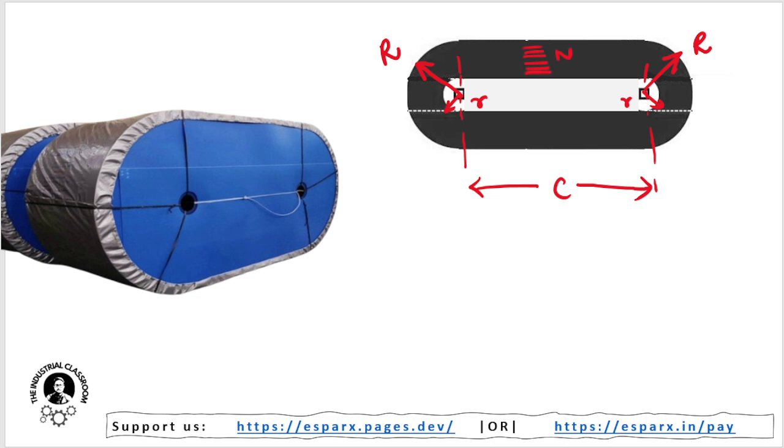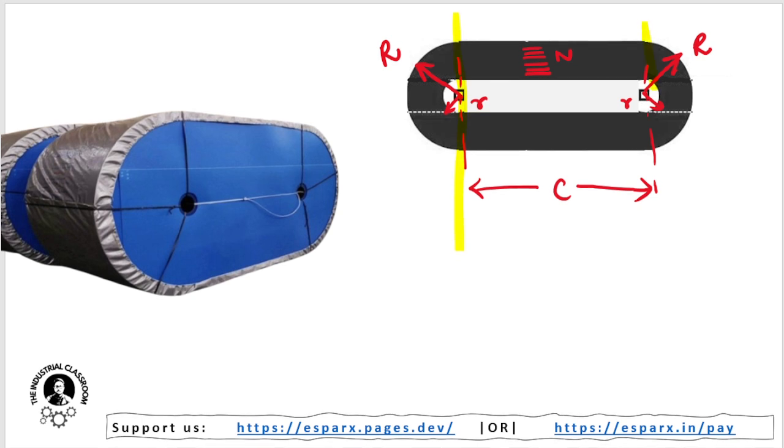If we split it from here, then this part along with this part will form a circle. I will merge it together and it now forms a circle.